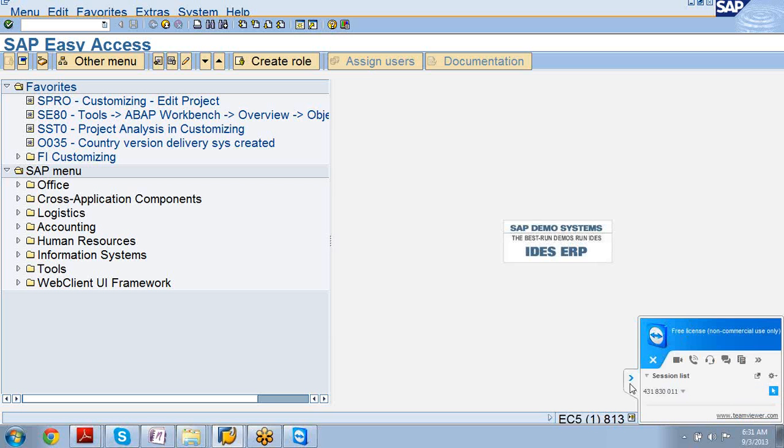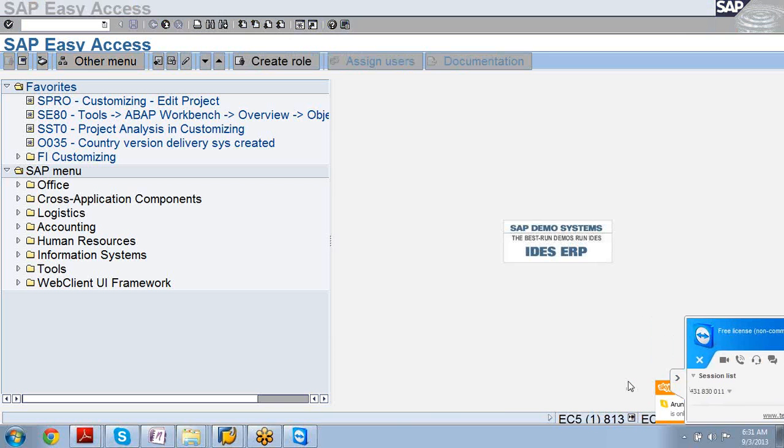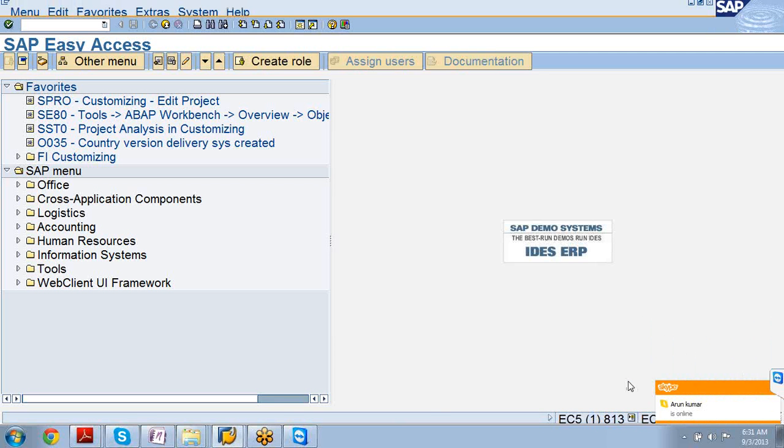You can see my screen, right? SPRO stands for SAP Project Reference Object.